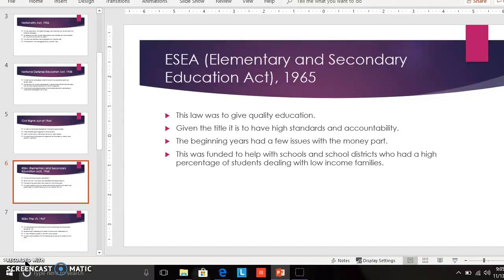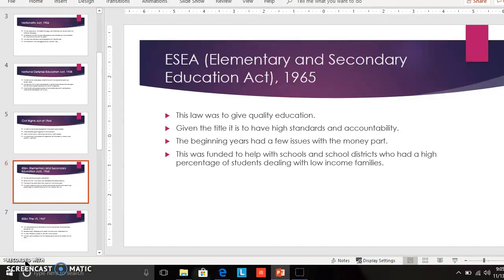Some people didn't think that a lot of the students were getting the education that they should have been. Given the title, it is to have very high standards and accountability for the education field.